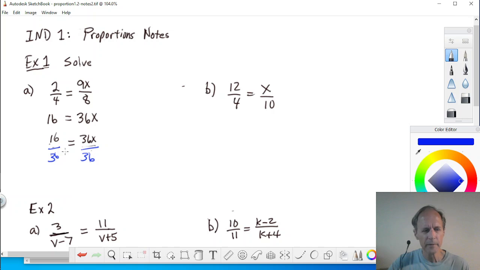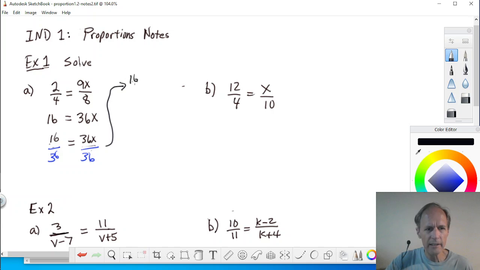So now, on the left, 16 divided by 36 we'll have to deal with. I think to give myself a little more room, I'm just going to do the old arrow trick here.